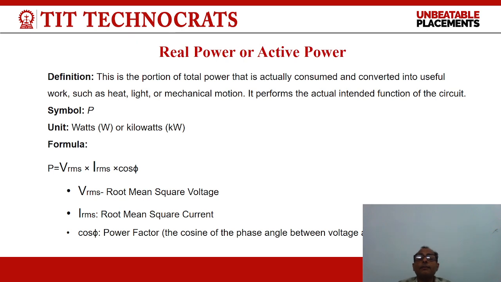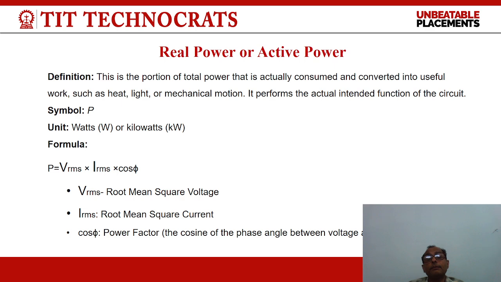Then comes the definition for real power or active power. Real power or active power is that portion of the total power that is actually consumed or converted into useful work such as heat, light or mechanical motion. Whenever we have an electrical device, we will have some output in the form of heat, light or mechanical motion.